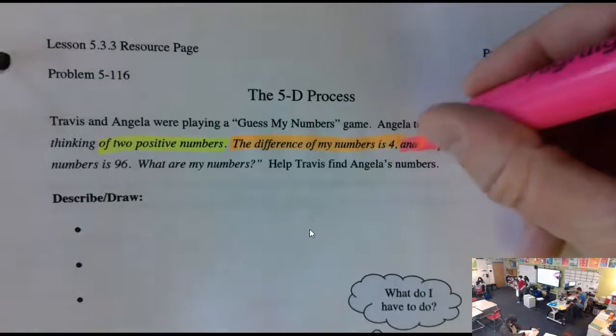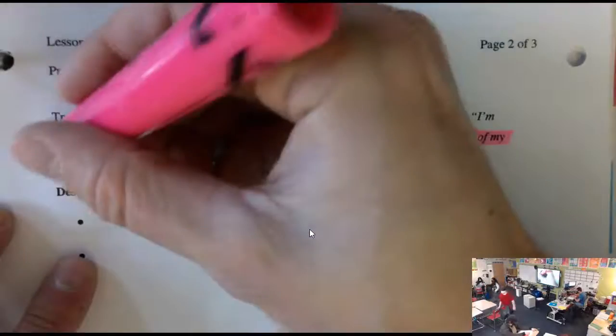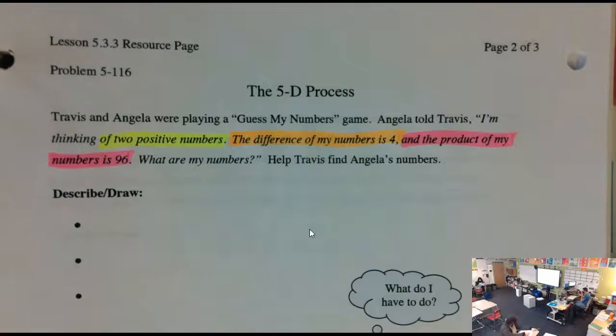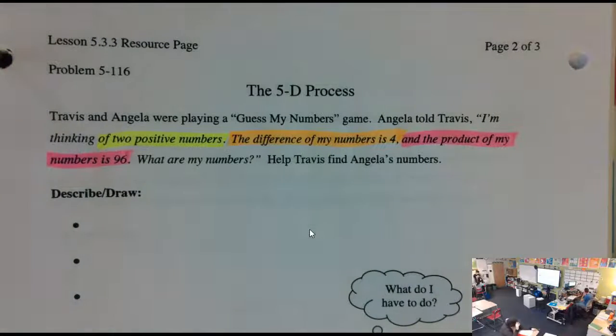Product is multiplied. Product is multiplication. So instead of adding up in the do that we do, it is going to be multiplication here.